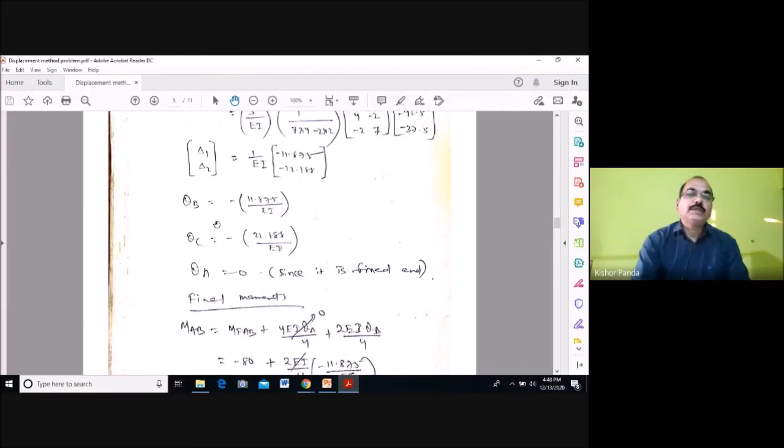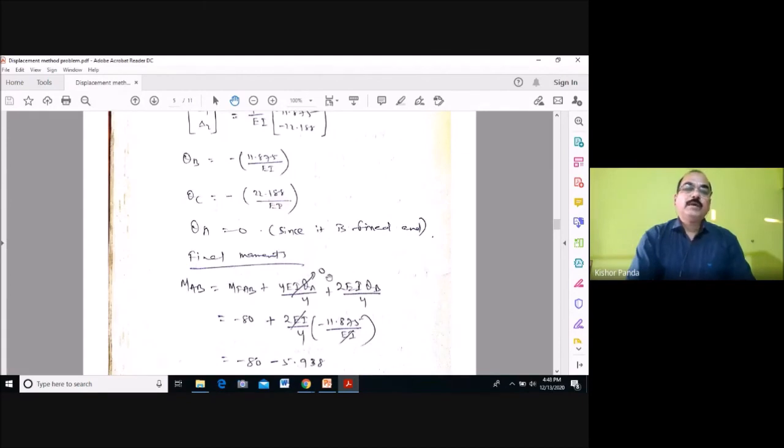So after knowing this displacement, then you can find out the final moment. You know in the slope deflection method how to find the final moment. MAB is equal to MFAB plus 4EI theta A by L plus 2EI theta B by L. So for this AB span, MAB is MFAB plus 4EI theta A by 4 plus 2EI theta B by 4.